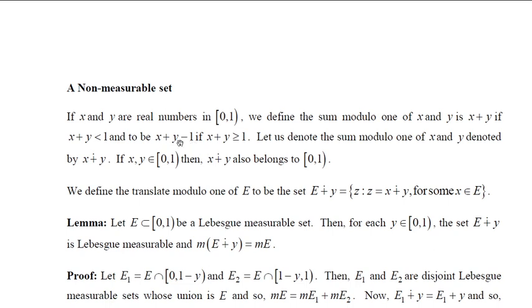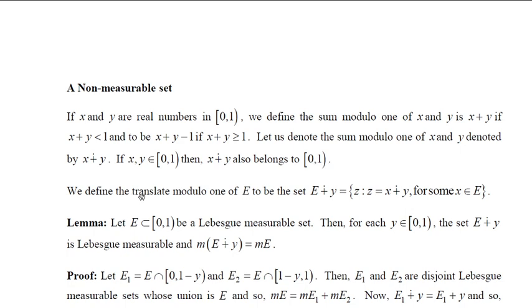So that in any case, the sum of x and y will always be present in the half closed, half open interval [0, 1), and it is denoted by x ⊕ y with this symbol. So if x and y are coming from this, then obviously that sum modulo belongs to this.